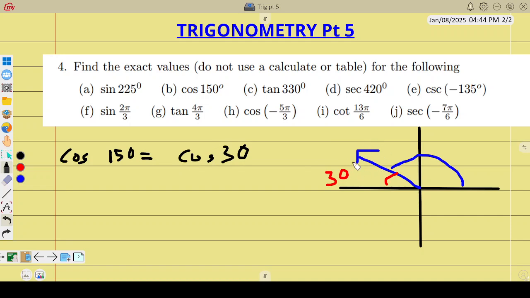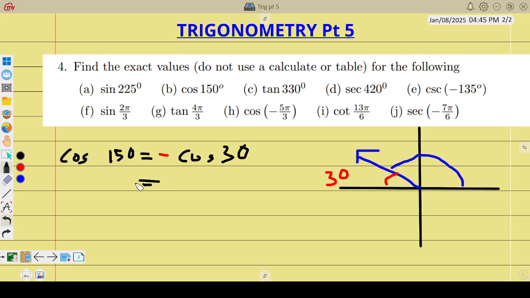What is the sign of cos in the second quadrant? The sign of cos is negative. As pros, we now know the signs in each of these. So it's negative cos 30.